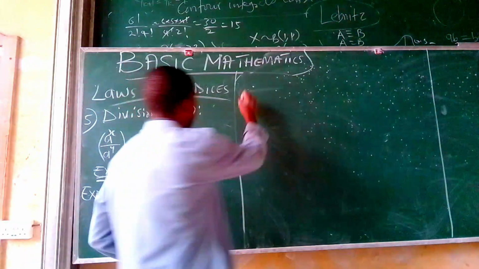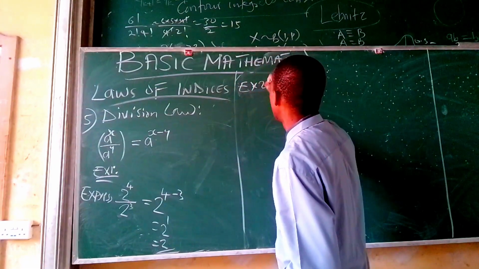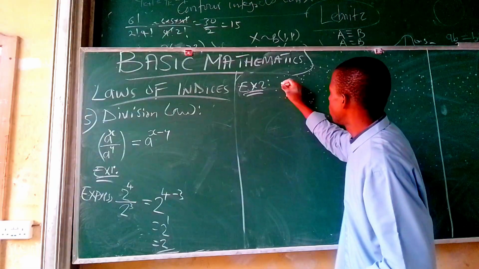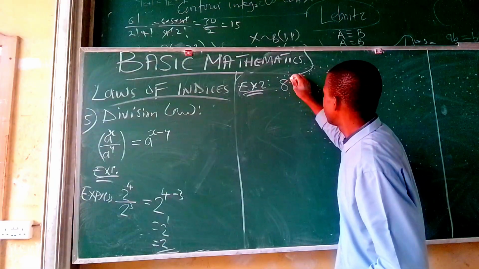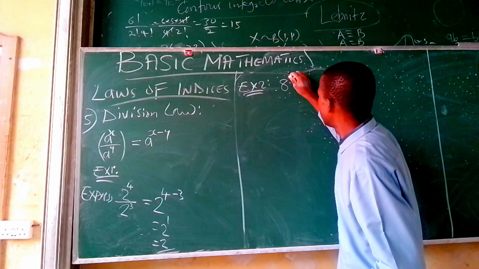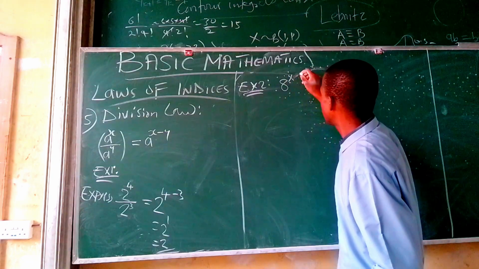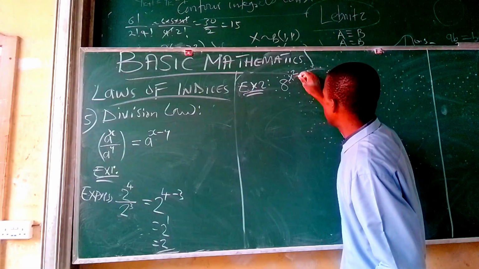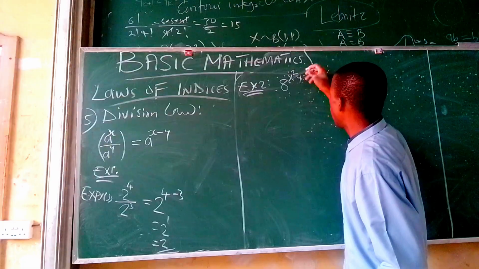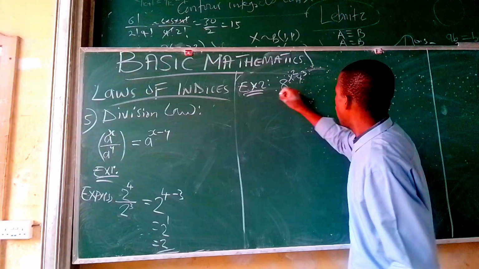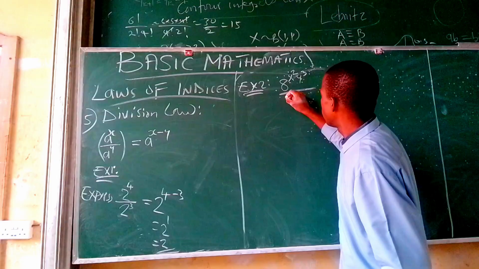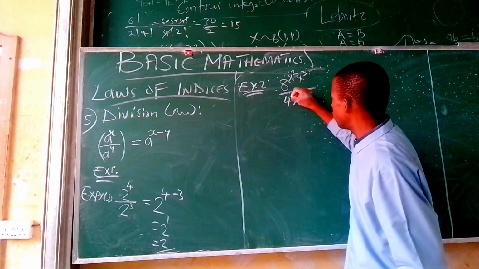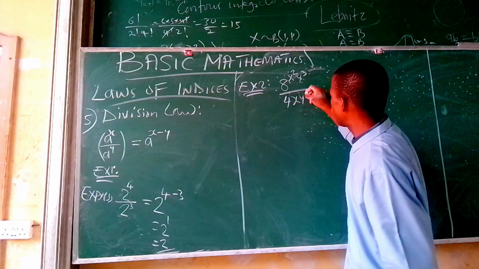Now let's look at example 2. They gave us 8x raised to the power of 2 times y raised to the power of 3, all over 4x raised to the power of 4x times y raised to the power of 2.